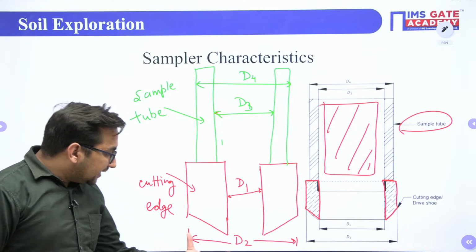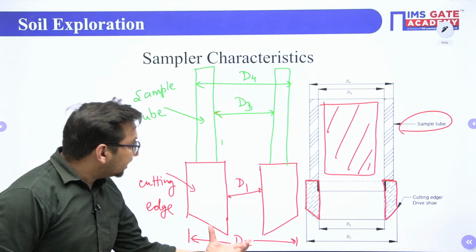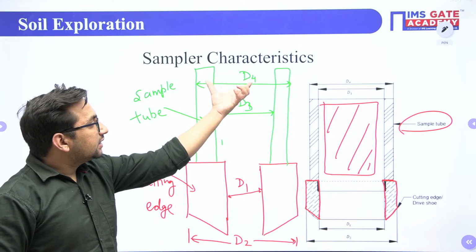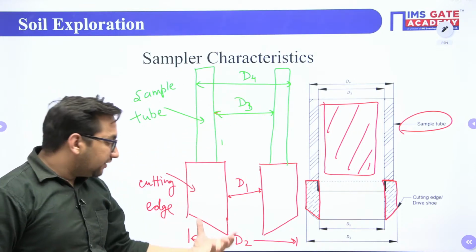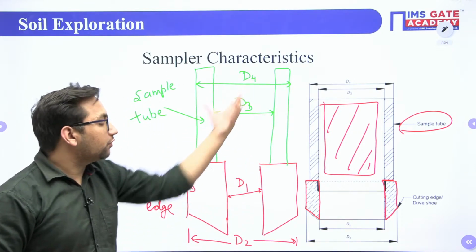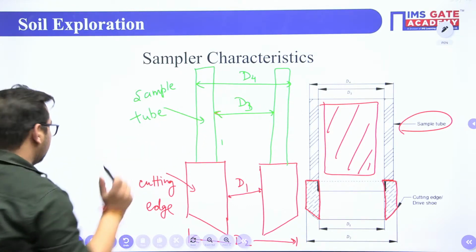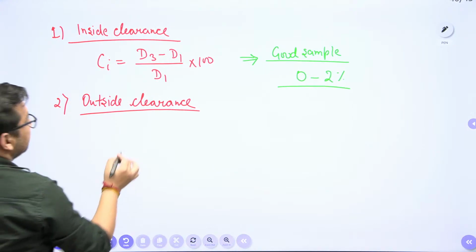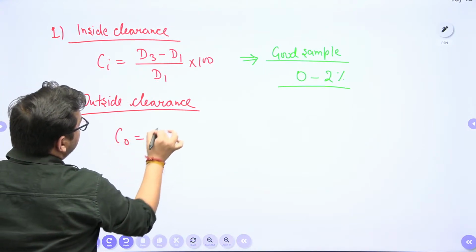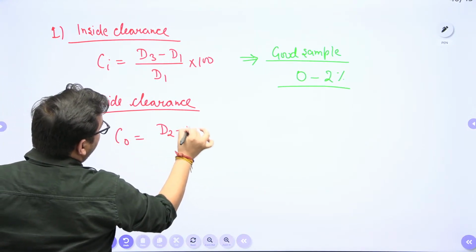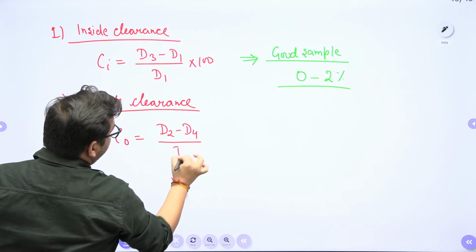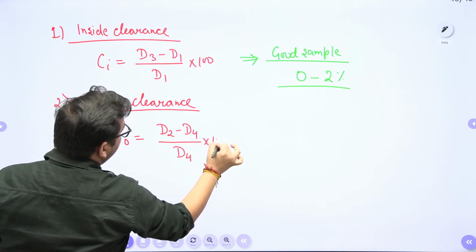Here the outside diameter of the cutting edge is greater than the outside diameter of the sample tube. It means the difference I have to take is D2 minus D4, divided by D4. So C outside is D2 minus D4 by D4, into 100. Clear?